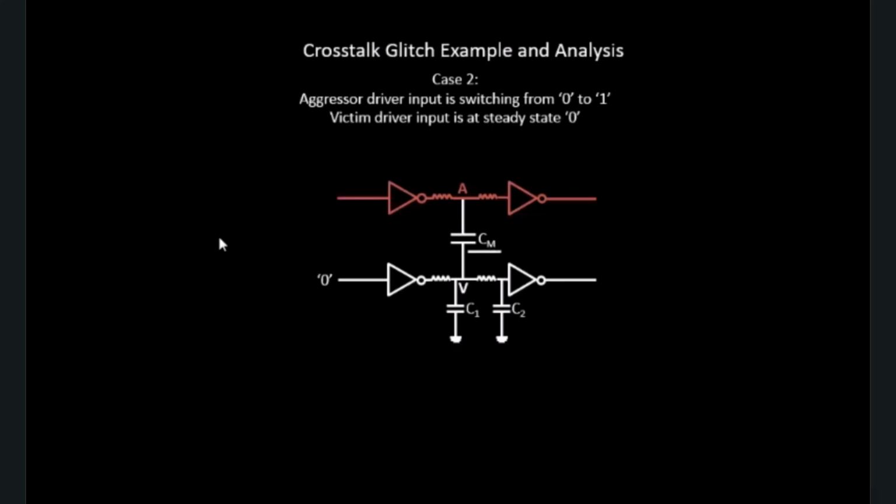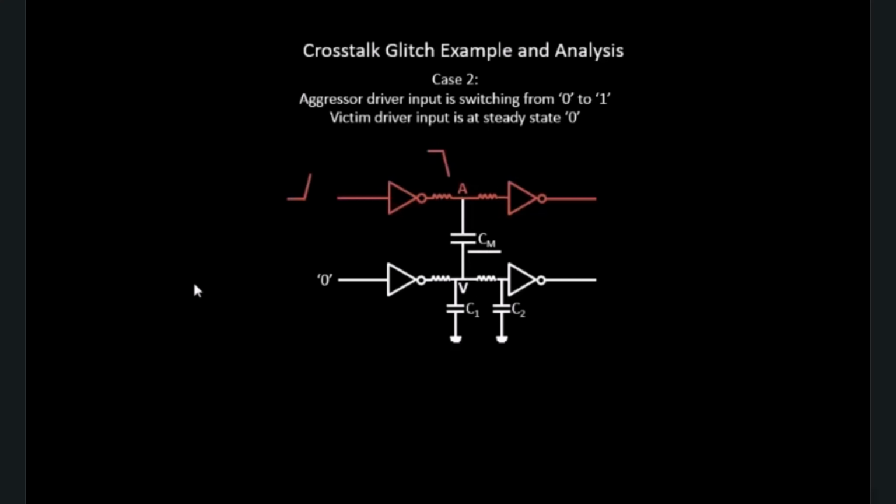Next, we'll take the input of this particular aggressor driver and switch it from logic 0 to logic 1, and simultaneously see what happens to the aggressor output and what happens to the victim over here.